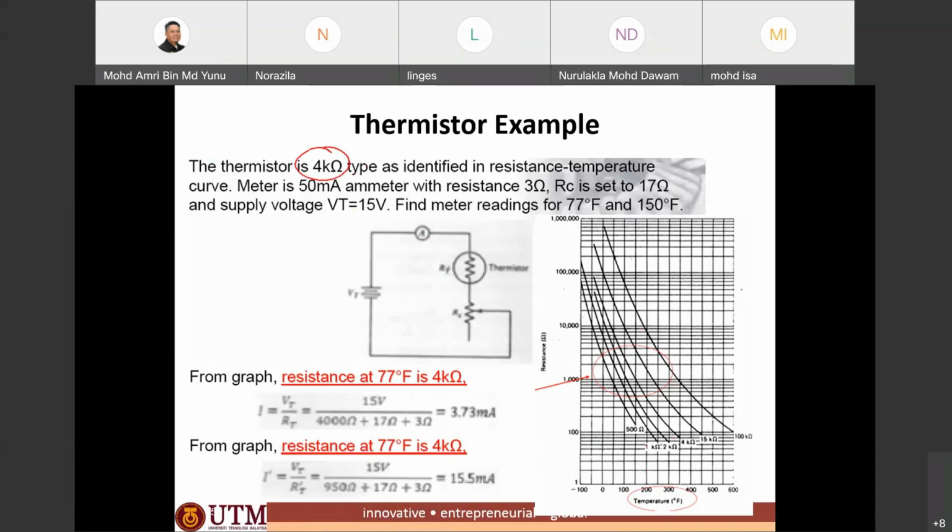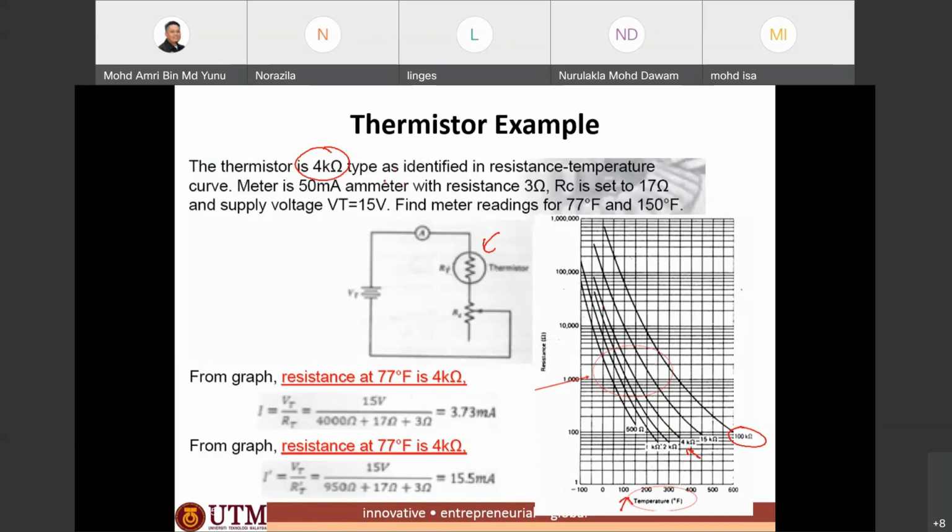This curve shows thermistors with different base values like 100K, 15K, and so on. But in this example, the base resistance is 4 kilo ohm, so the 4 kilo ohm curve in the middle is used to find the actual resistance of the thermistor at a certain temperature.